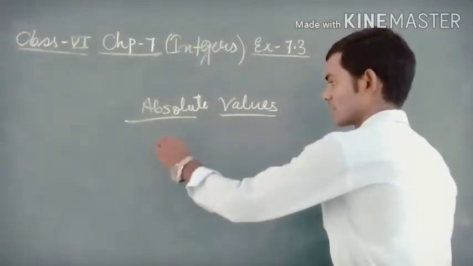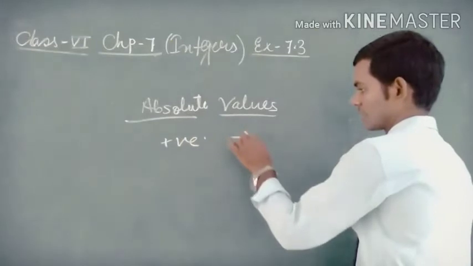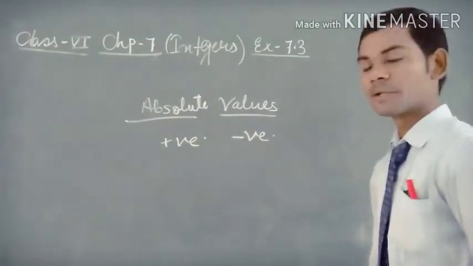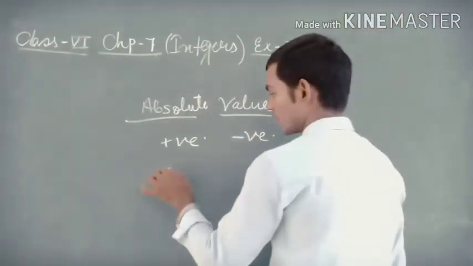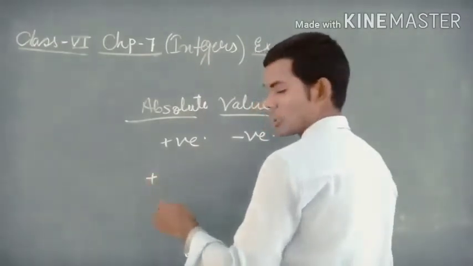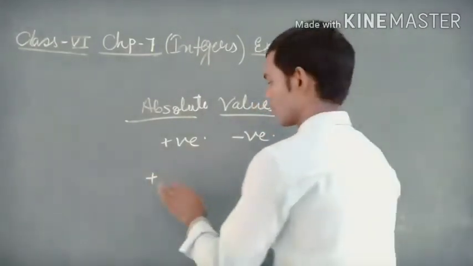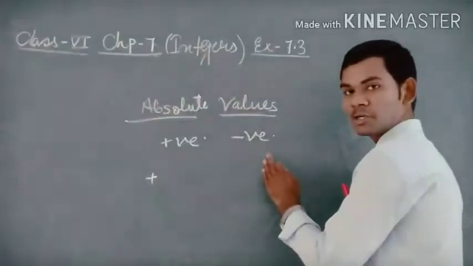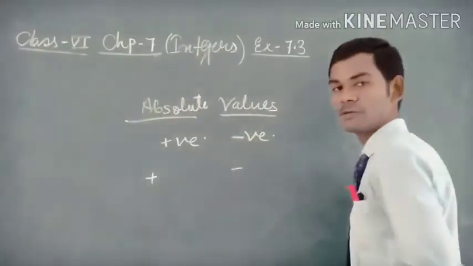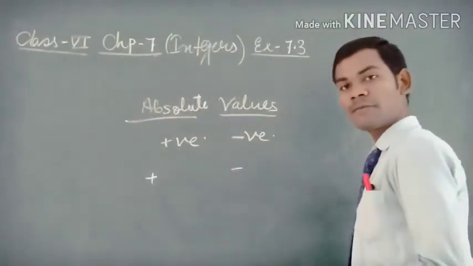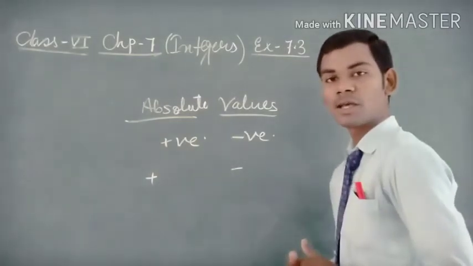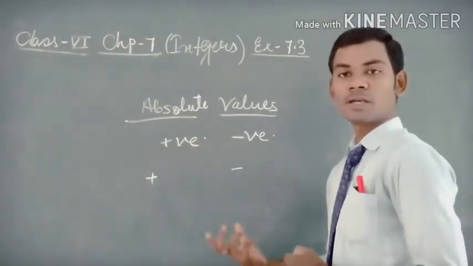The first one is positive and the second is negative integer. The positive integers are written with the sign of plus or it may be not, but the negative integers are written with the sign of minus. So when we find their absolute value, the absolute value will be written without their sign.